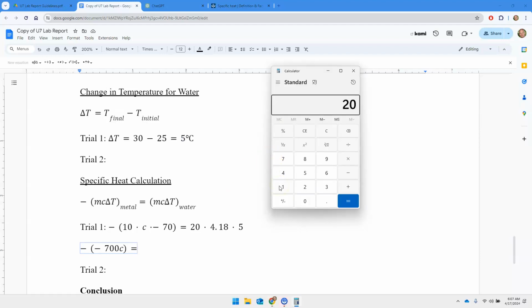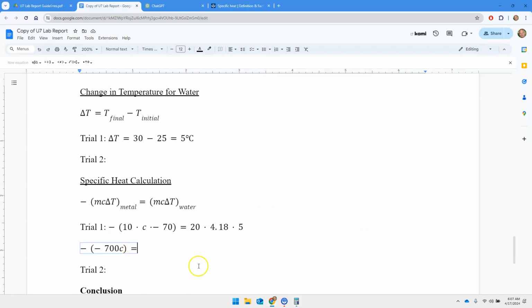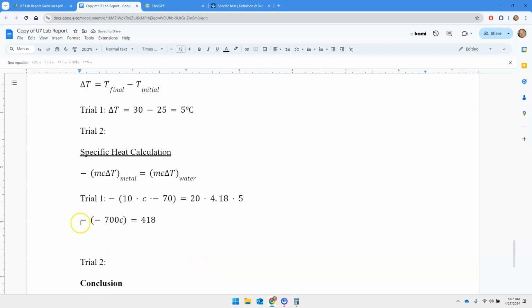So we have 20 times 4.18 times 5 is 418. The two negatives are going to cancel out right here. So that'll just be 700C equals 418.